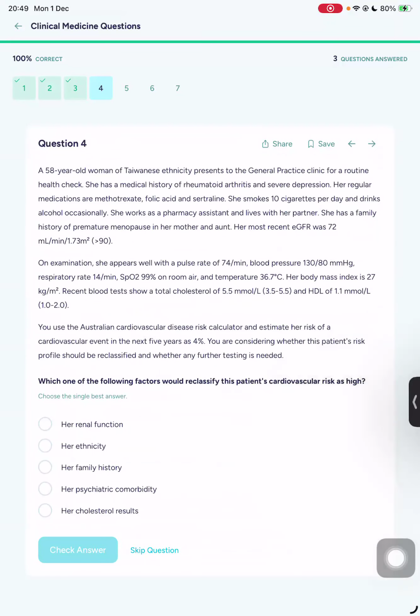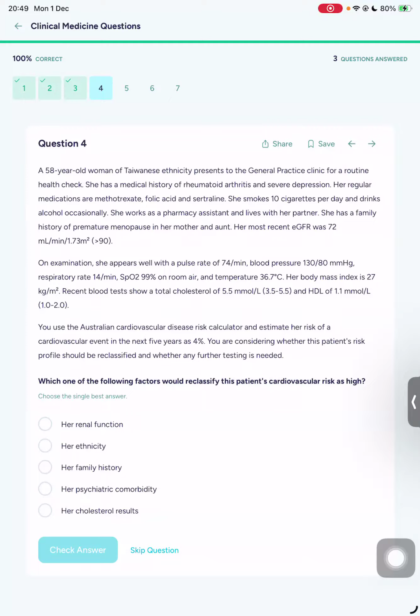The next one is a 58-year-old woman of Taiwanese ethnicity presenting to the GP clinic for a routine health check. She has a medical history of rheumatoid arthritis and severe depression. Her regular medications are methotrexate, folic acid, and sertraline.